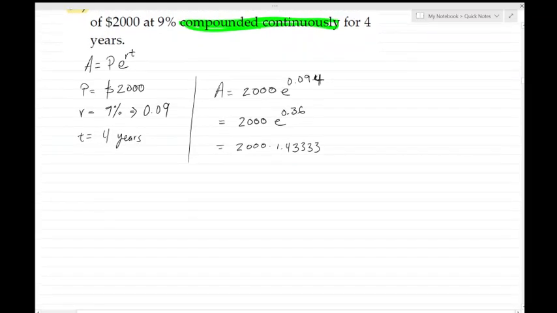Okay, so even though I rounded a little bit at the end, it will still be accurate enough, and this will be our answer.